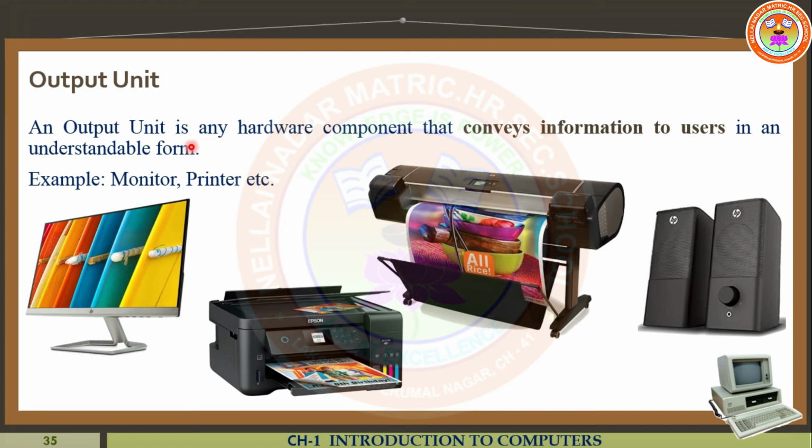You just feed any form of data to the computer. That is the purpose of the input unit. The same way, the output unit just conveys the information after performing all the actions. Finally, it will produce the result, right? So that result we have to convey to the user in what form? Understandable form, human understandable form.